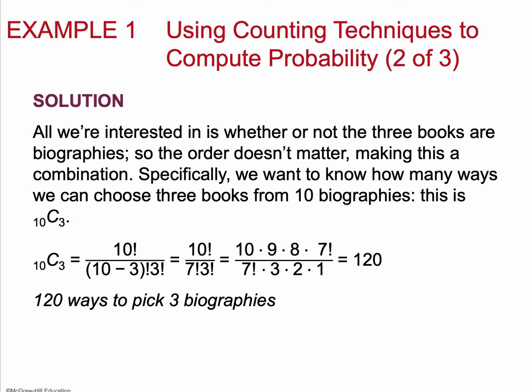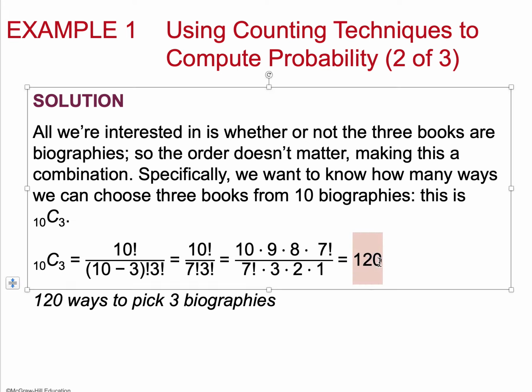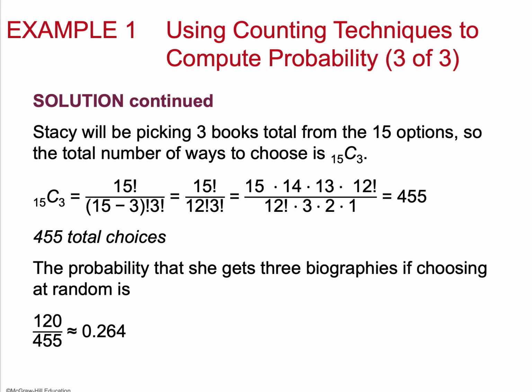If I'm choosing at random, the order doesn't matter, so I can do a combination. To find how many ways I could choose 3 books from the biographies, this would be choosing 3 from 10, a combination. Using the calculator, we find there are 120 ways.